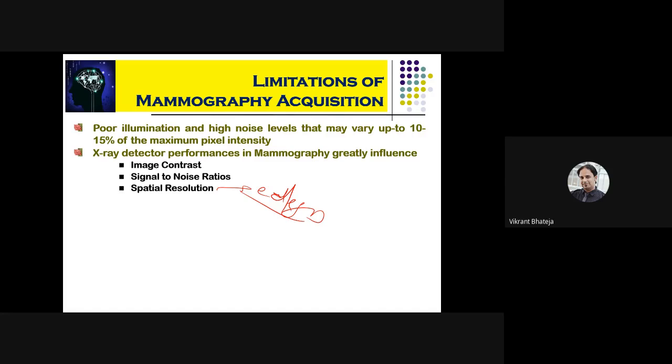Now you can correlate that if the spatial resolution of the image is affected, you cannot see the edges, and regarding cancer diagnosis, 80% of the diagnosis is made just by visualizing the edges or periphery of the tumor region. So image sharpness is also affected when low dose mammographic X-rays are used.